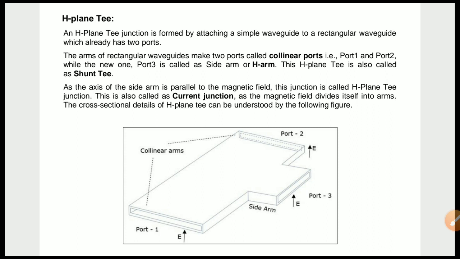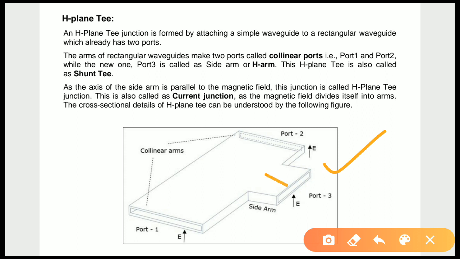Again, it can be formed by attaching a side arm to a rectangular waveguide. Rectangular means it has a cross section of a rectangle. This type of T is also called a shunt T, and this side arm is also called the H arm.